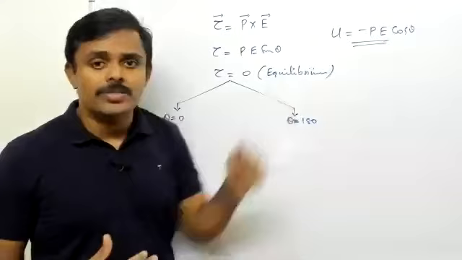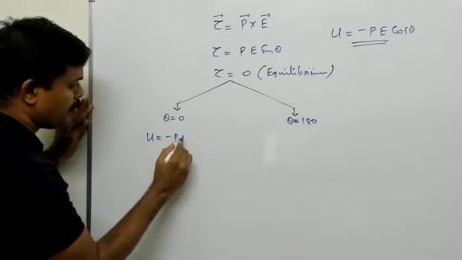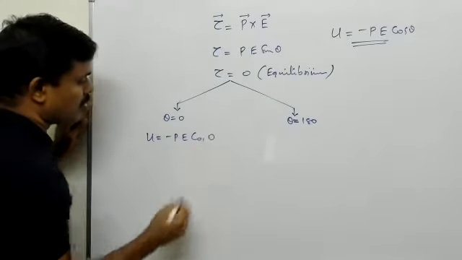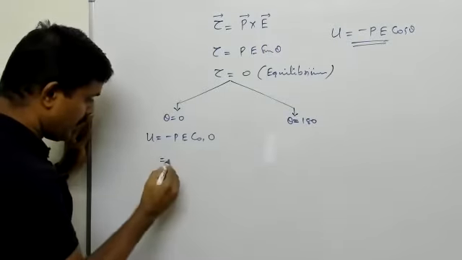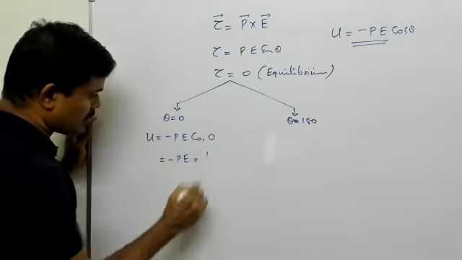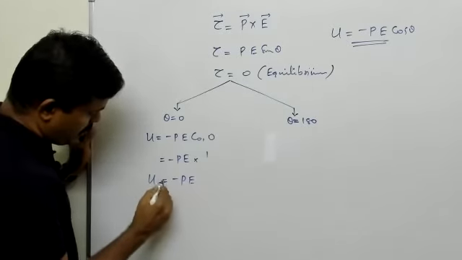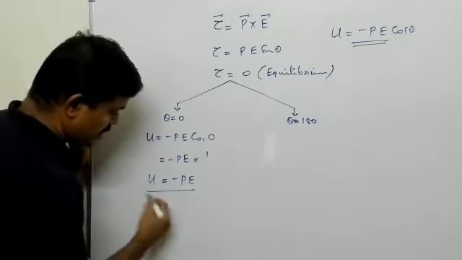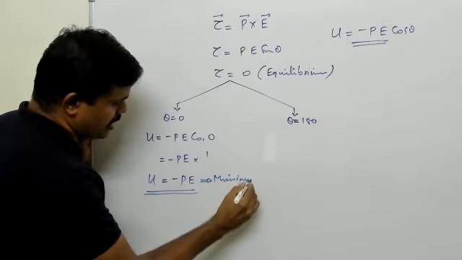Now, let us see what happens to energy then. I'm going to put potential energy here. U is equal to minus PE cos 0. Look at this, I put theta equal to 0. That is minus PE into cos 0, and cos 0 is 1. That makes it minus PE. Minus PE means potential energy is minimum.